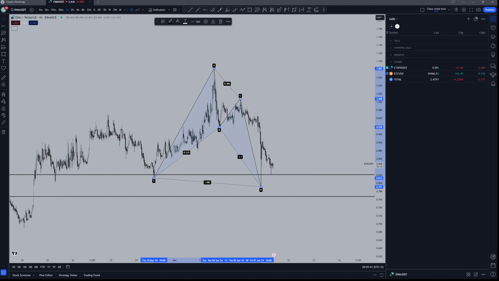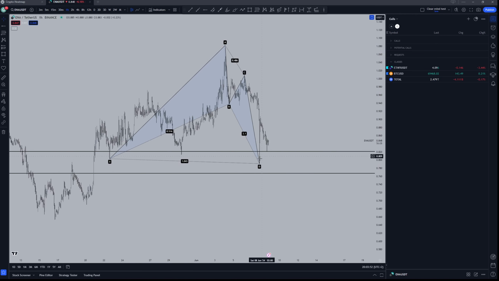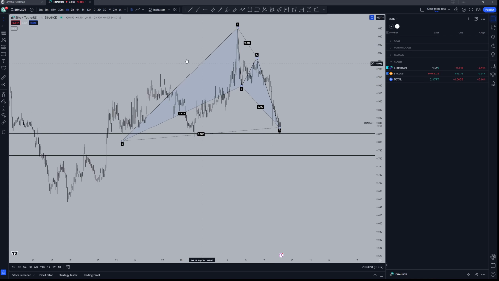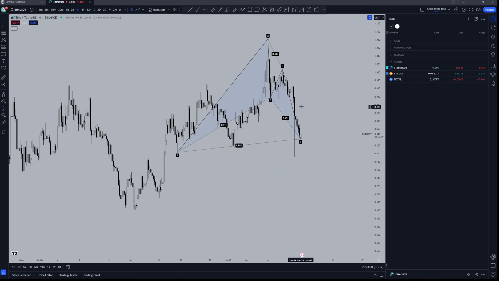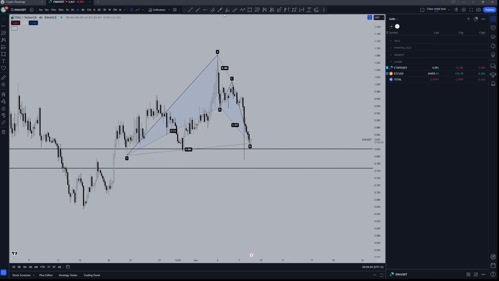Let's see. So we would have the 0.5 on this. It's kind of wicked through in the liquidity grab, but we are seeing closes over here. So things like these are hard to play because wicks like these can really mess up a harmonic.